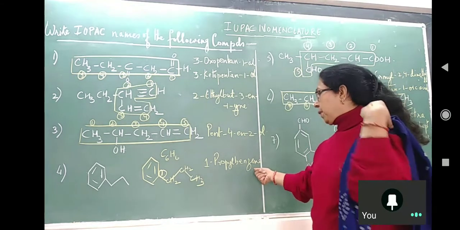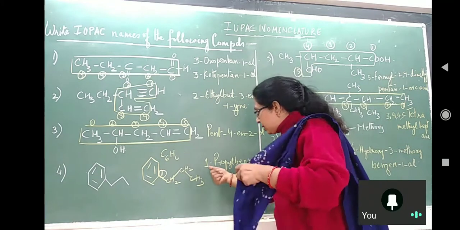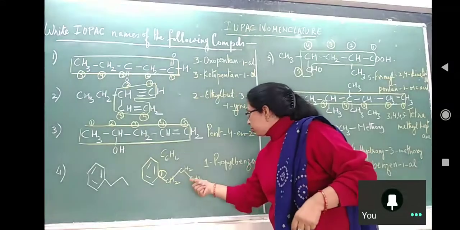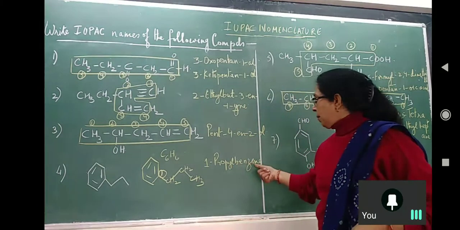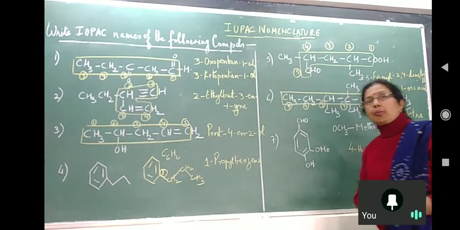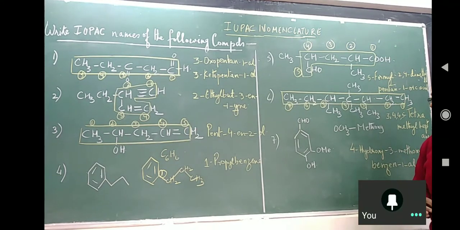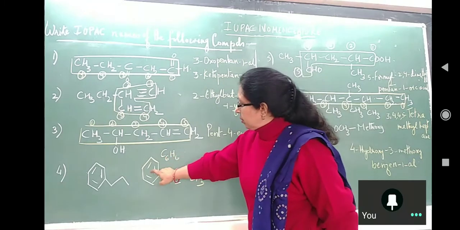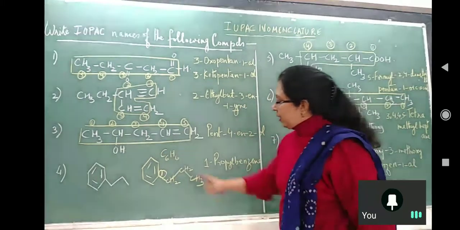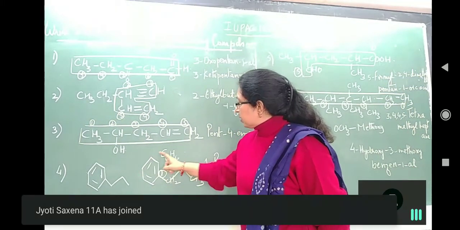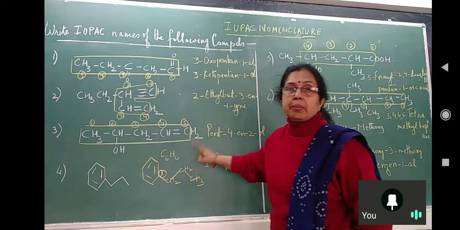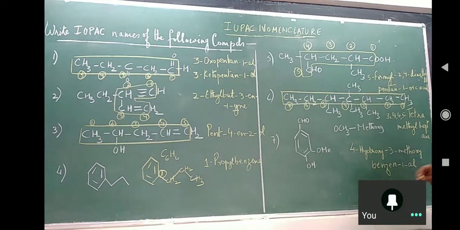At the first carbon atom we have a propyl group, so this is 1-propyl benzene. In C6H6, one hydrogen has been replaced by propyl.